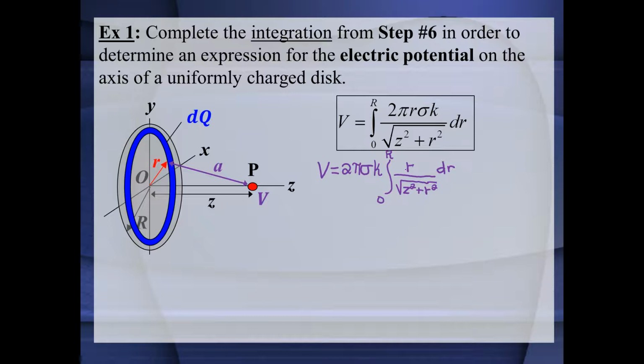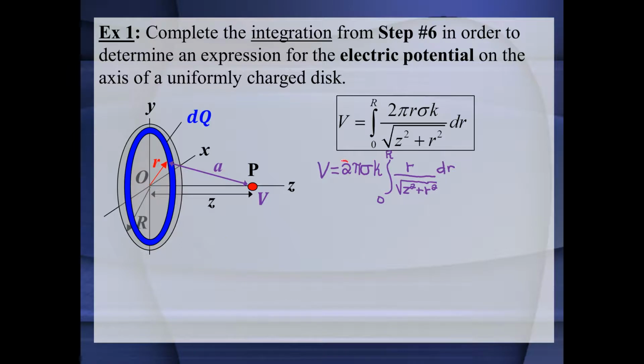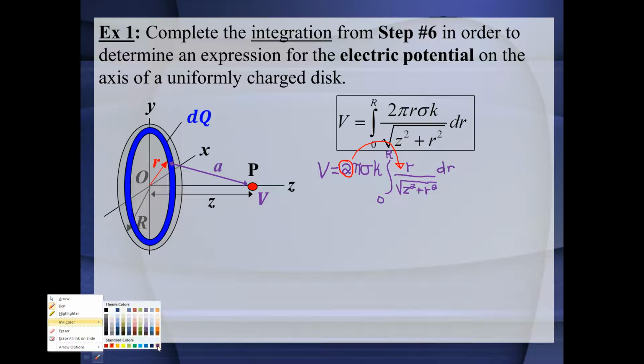Okay, so here's what I'm going to do. First of all, I'm going to take this 2. You'll see why I do this in a moment. So I'm going to take this 2, and I'm going to put it back into the integral. Okay, so it's going to go right here. So let's rewrite the integral out then.